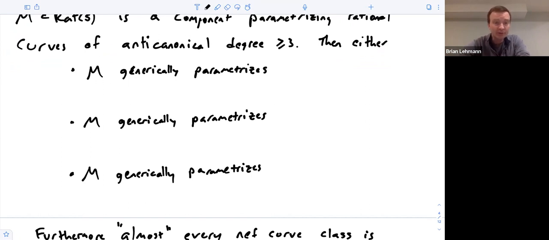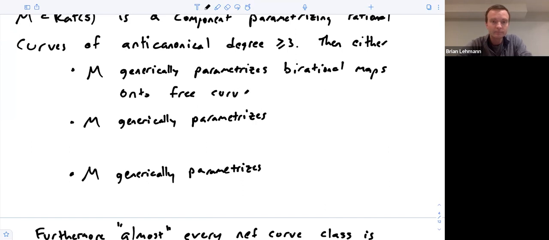So the first possibility is that M generically parametrizes, by rational maps, onto free curves. So maybe we should think of this component as the good component. Parametrizing by rational maps onto free curves, that's a nice property for a component to have.